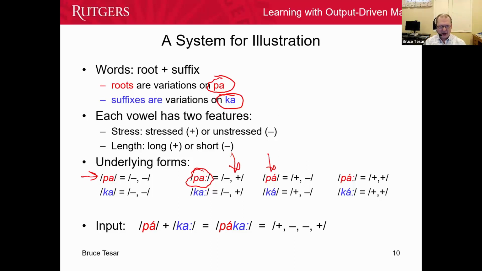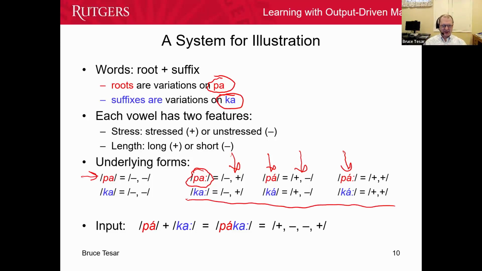So this is plus stress but short: plus stress, minus long. And likewise, this is a root that is both stressed and long. So those are the four possible underlying forms for a morpheme. Those are the four possibilities for a root, and those are the four possibilities for a suffix.